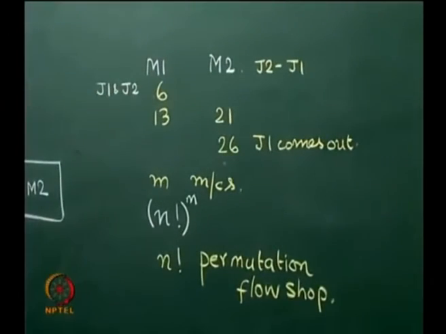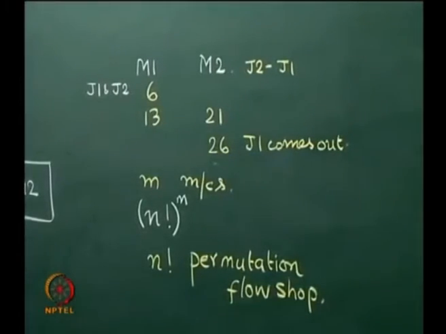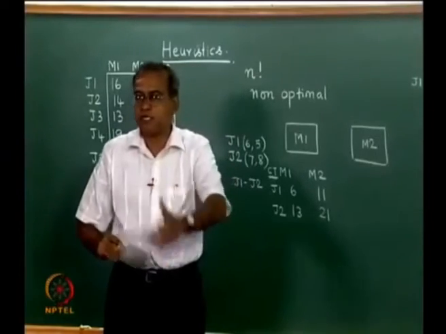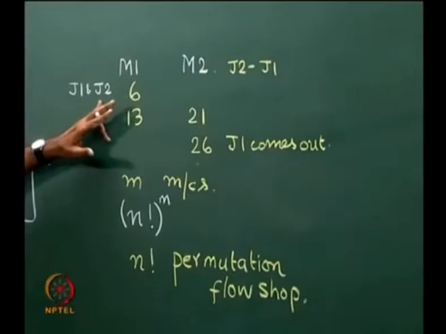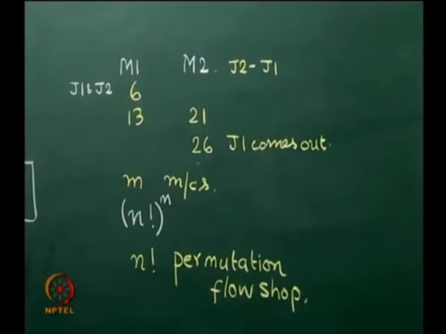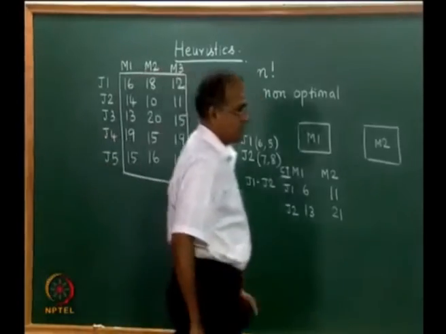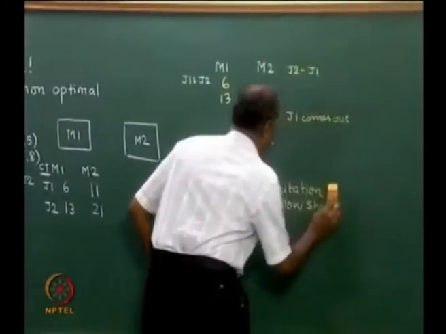So, unless otherwise stated, flow shop would mean a permutation flow shop, and we will not look at non permutation flow shops where the order of visit on the machines is different. So far we have seen only permutation flow shops in this lecture series, and we will continue to look only at permutation flow shops in this lecture series. Now let us go back to the heuristics to solve the problem.